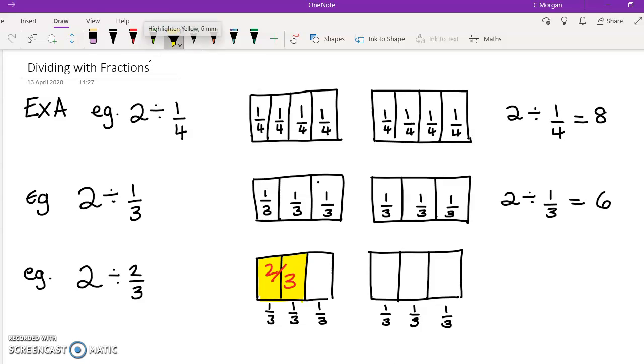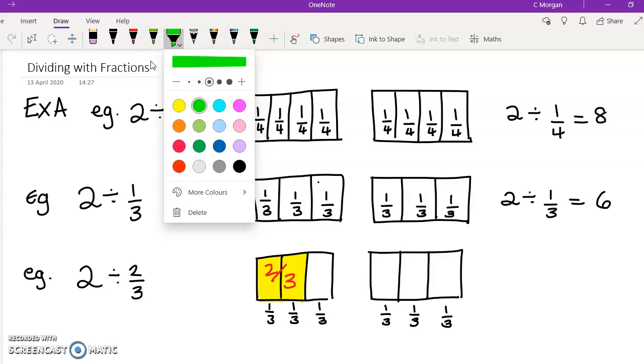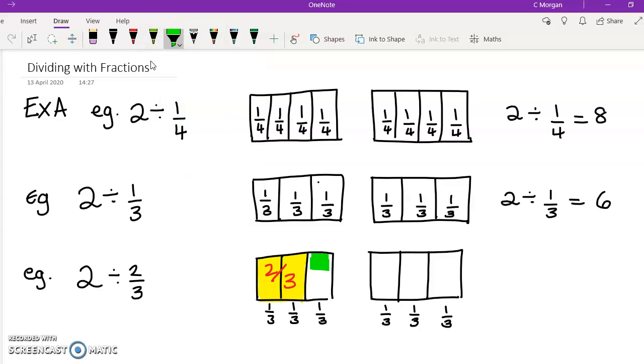I'm going to change my highlighter to a different colour now, and I'm going to have a green. I'm going to now highlight 2 more sections, because of course 2 lots of 1/3 is 2/3. So I have another 2/3 here, even though it's separated by my bars of chocolate. So I'm going to link those 2 pieces together and say that's another 2/3.